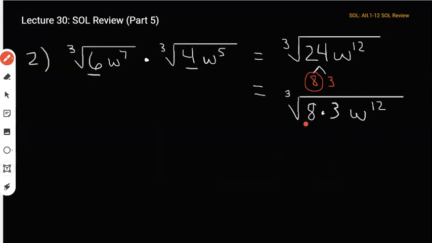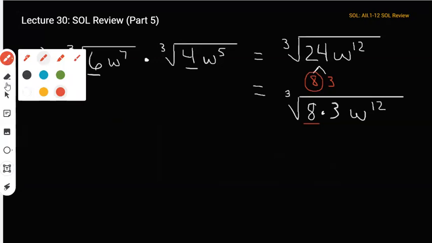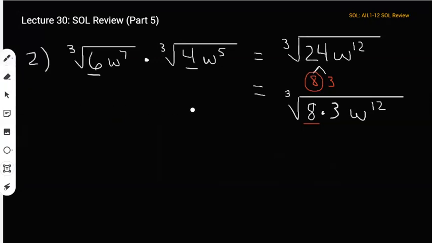Okay, so I'm going to underline the 8 because I know that 8 is a perfect cube. What is the cube root of 8? Was anybody able to figure that out? The cube root of 8 is 2, right?